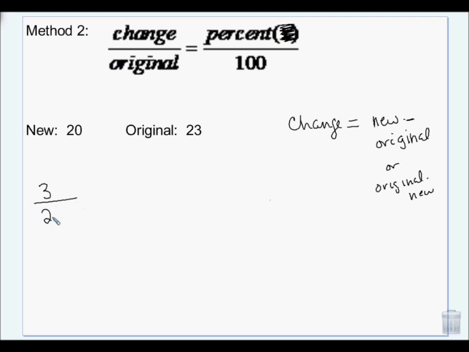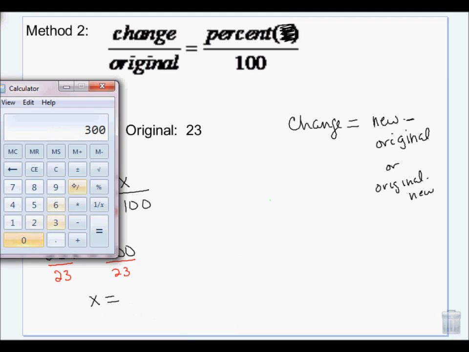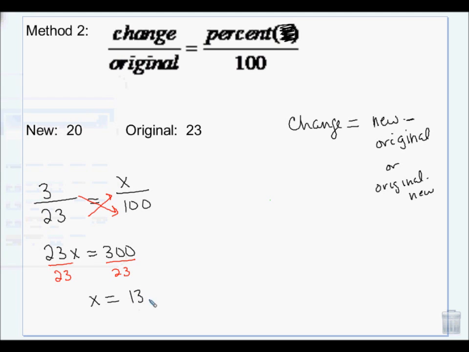My original is 23. My percent, I don't know, and it's always over 100. So what I get is 23x is equal to 300 because I cross multiply. And then I divide both sides by 23. So I do 300 divided by 23, and I get 13.04%.